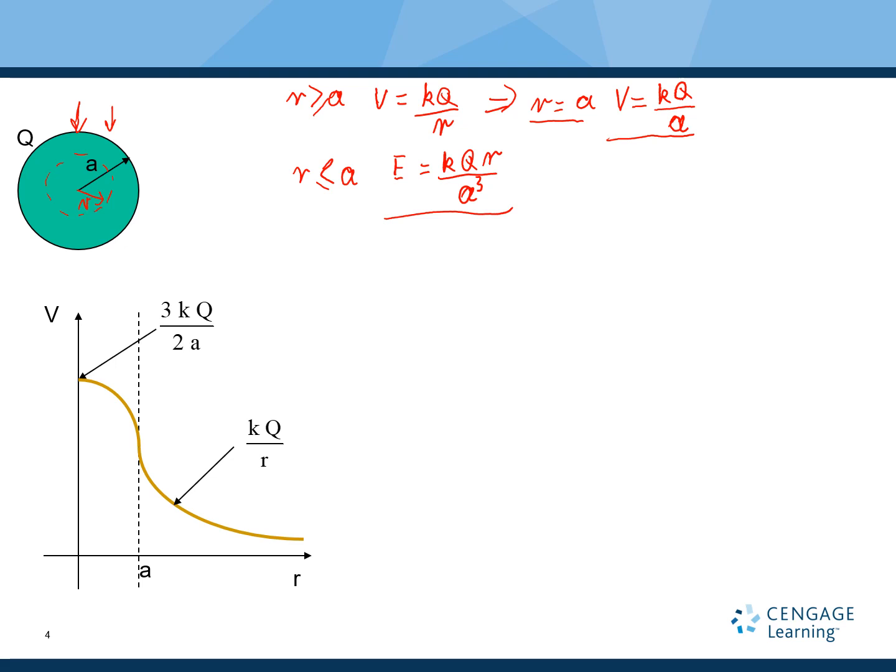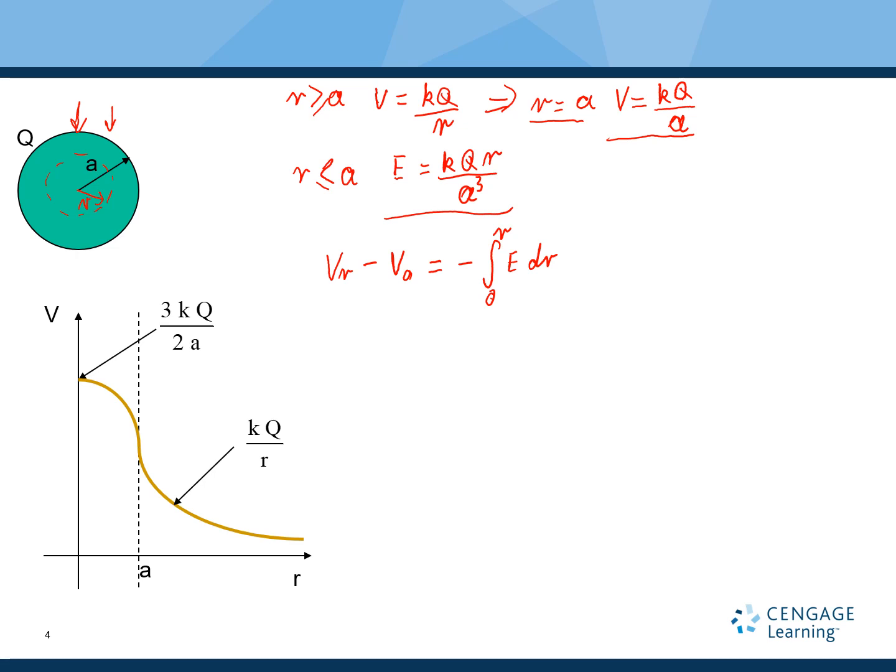So I can say that V of r minus V of 0 is equal to minus the integral of E dr, integrated from 0 to little r. There's a slight overloaded notation with respect to the use of little r, but don't worry about that, that will work out.